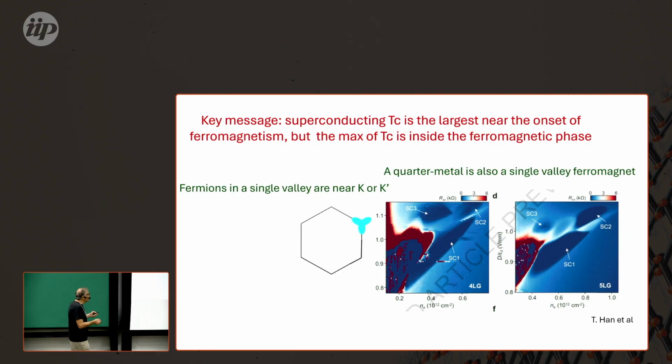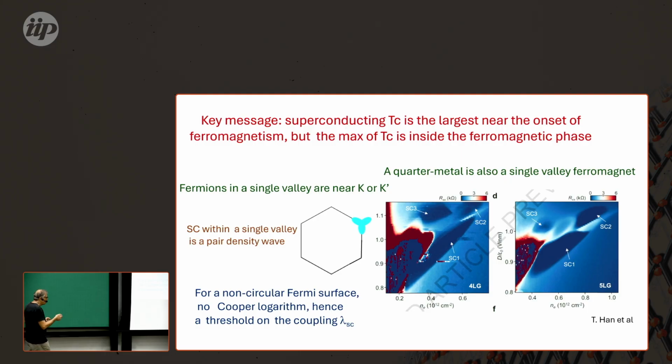If we have superconductivity here, it will be a paired density wave by definition, because all fermions here are close to the k point or the k prime point. So in terms of counting, 2k is equal to a finite number. But there's even worse: for a non-circular Fermi surface, if you want to apply what I did, you get no Cooper logarithm, which means immediately there should be a threshold on the coupling.